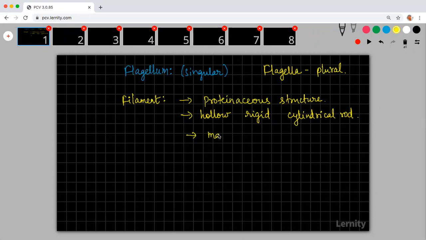It is made of a protein called flagellin.